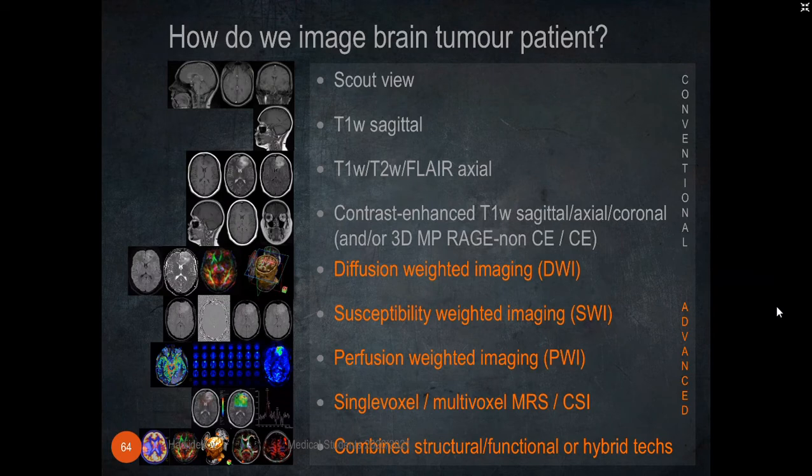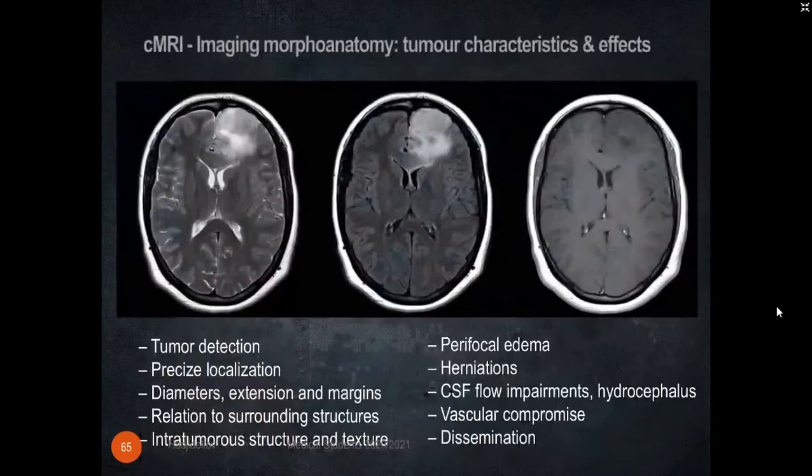As you know already, the advanced techniques are diffusion weighted imaging; susceptibility weighted imaging, SWI, which gives an idea about whether there is any bleeding from the tumor or not; perfusion weighted imaging; single voxel or multivoxel MR spectroscopy; and also some modern hybrid technologies.